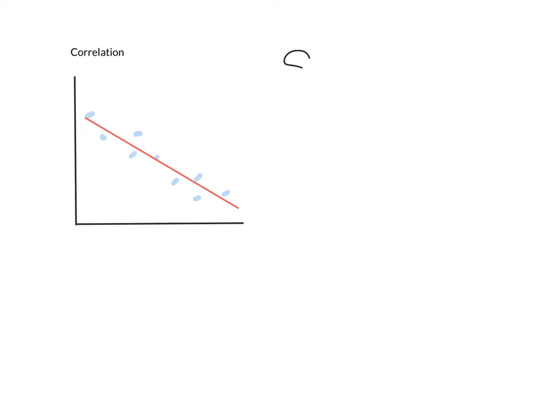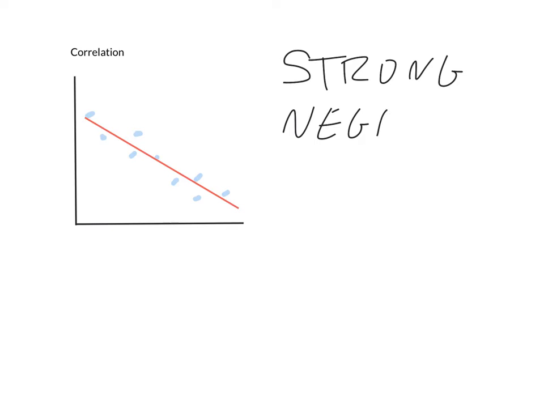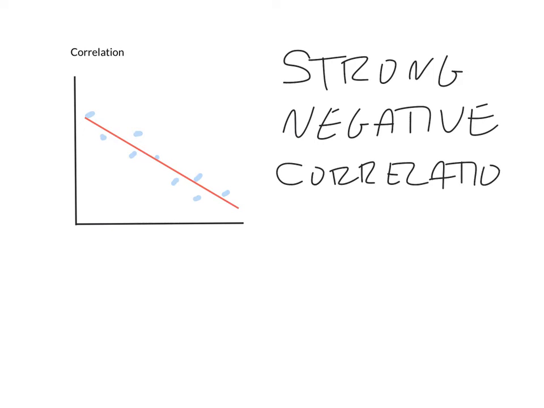So this would be a strong negative correlation. Strong because the points are tightly wrapped around the line, and negative because it's heading downward. So strong negative correlation.